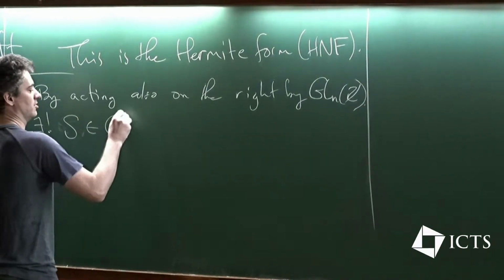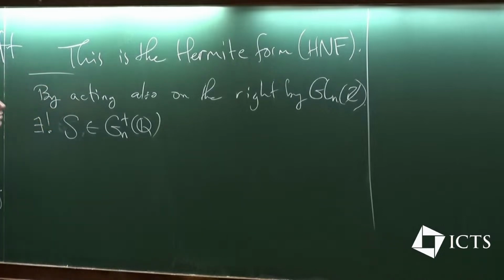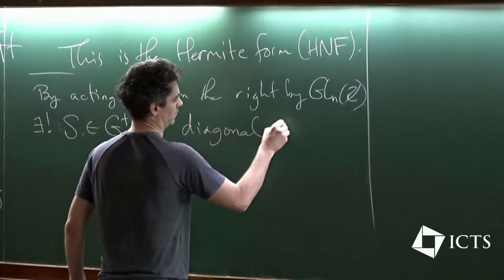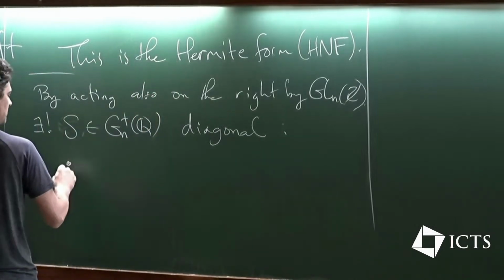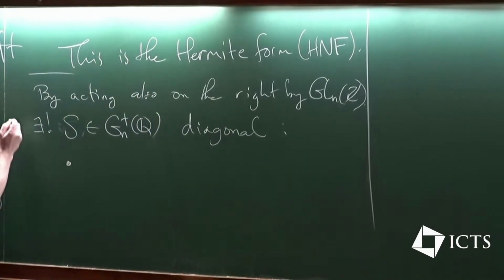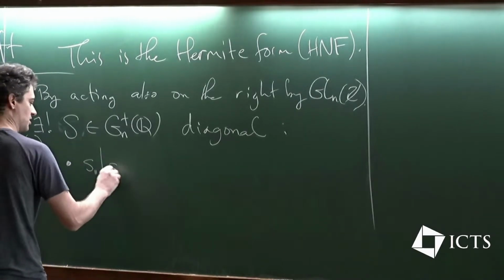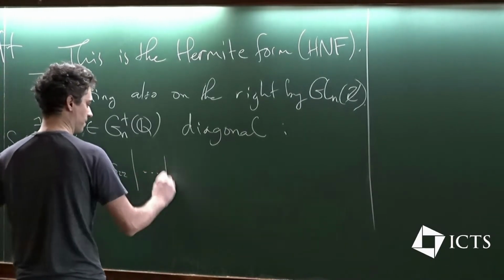S in GL_n(Q), which is diagonal. And it satisfies two properties, namely the entries, and of course I'll use the same style of notation. Capital S will be a lowercase s_ij for the entries there. We have that the diagonal entries have this divisibility property.